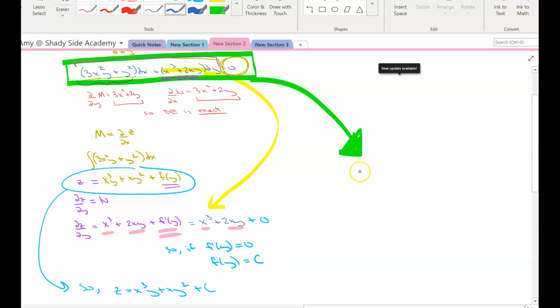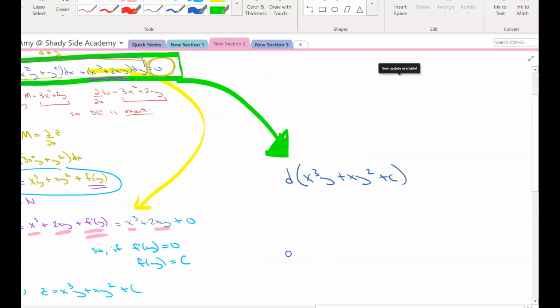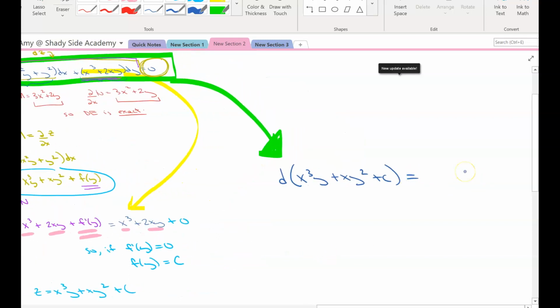So this diffeq now becomes the differential of x cubed y plus xy squared plus c. And that equals, here's where we deal with the right-hand side of the equation, 0. And now we're going to integrate both sides.